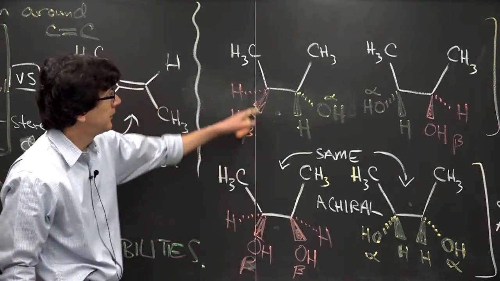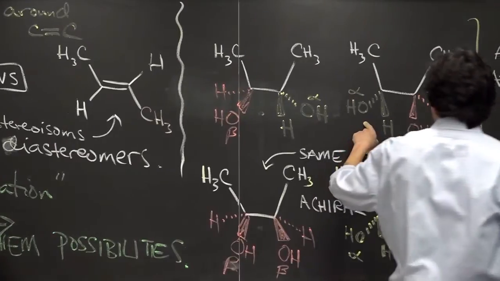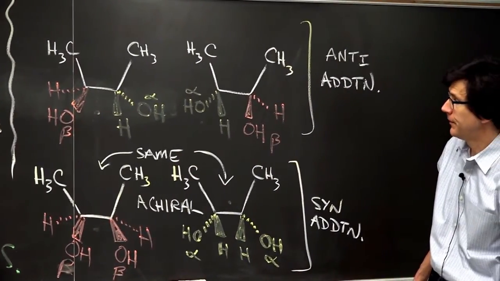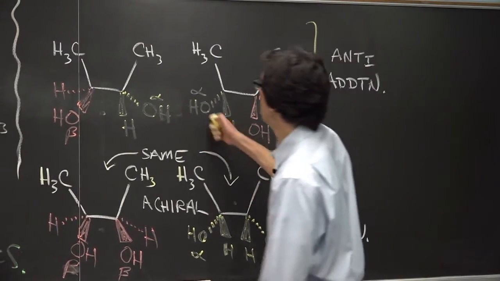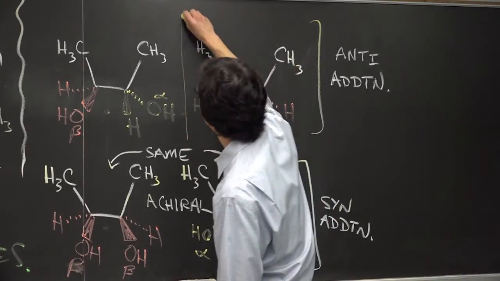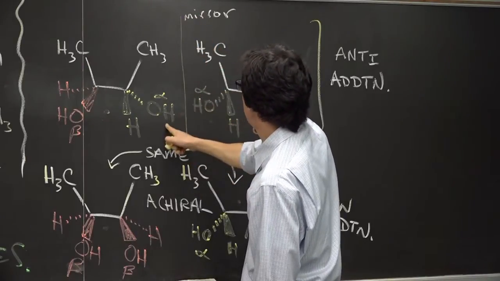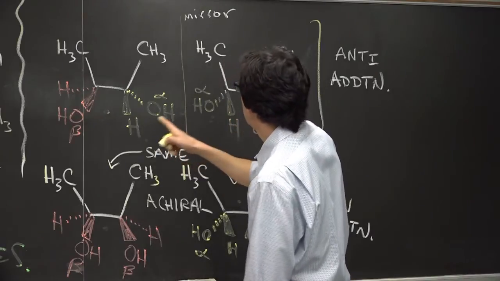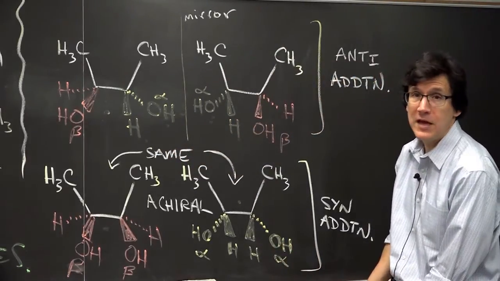How about the relationship between this compound and this compound right here? What is the relationship there? Well, the way that they're drawn, you see this is a mirror image type of relationship. So if we look at this as a mirror plane, this OH reflects into that, this reflects into that, and so forth. So they are mirror images of each other. Are they the same?